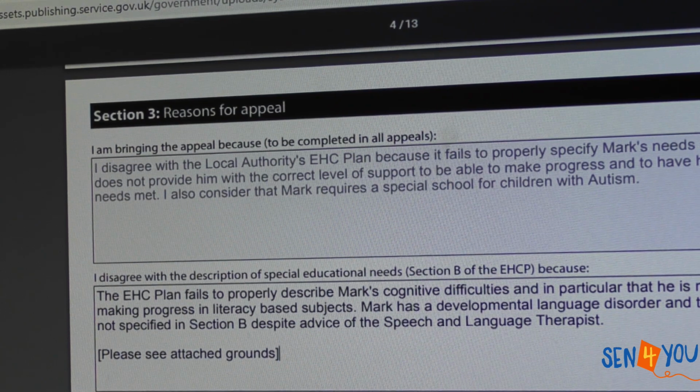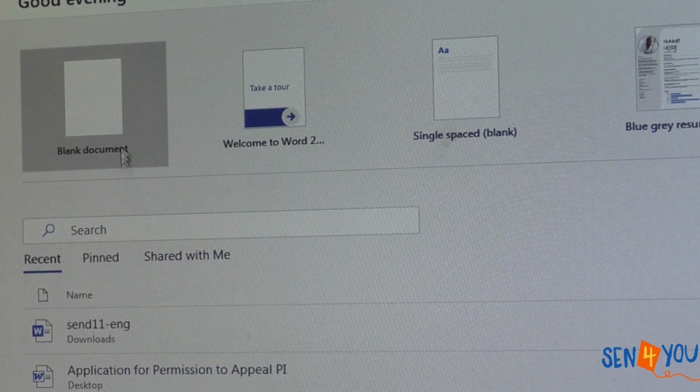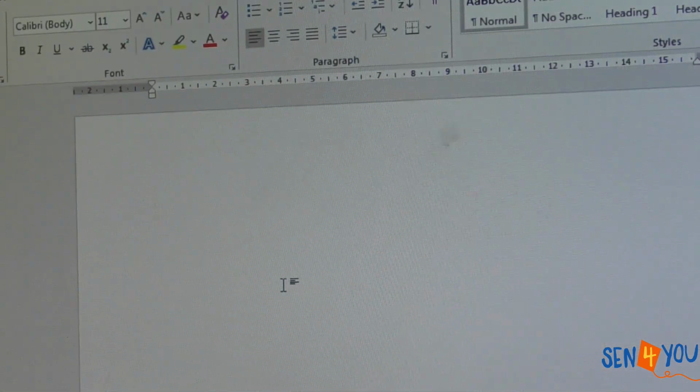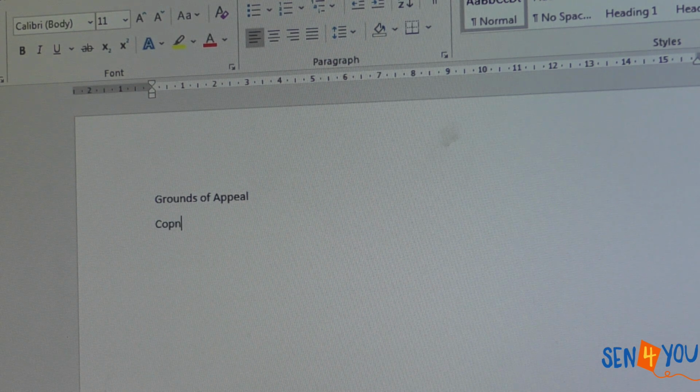Okay, what you would then do is you go into Microsoft Word or a Word document, and then you would put grounds of appeal, continued, section B. I believe it should include, and then list it.